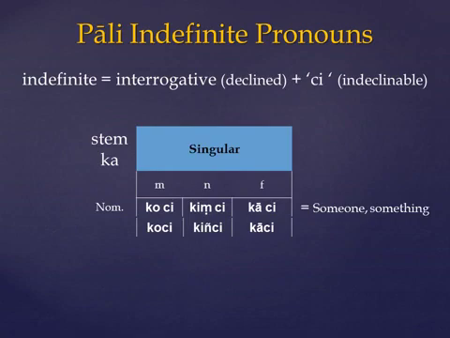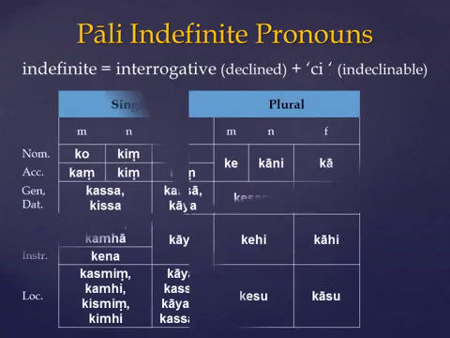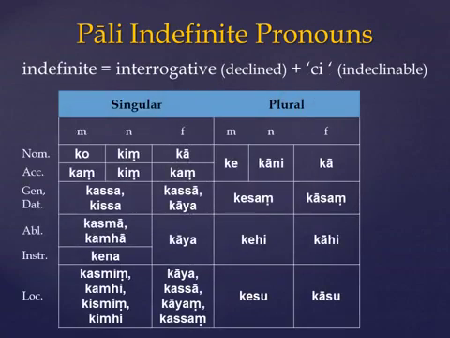So let's remind ourselves of how the interrogative pronoun declines. If you remember, pronouns can represent substantive nouns, in which case they will stand alone and take the gender and number of the thing that they represent, which is the antecedent. Or they can act as pronominal adjectives, in which case they will qualify another noun and take the same gender, case and number as the noun that they qualify.